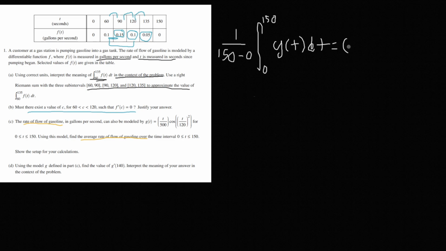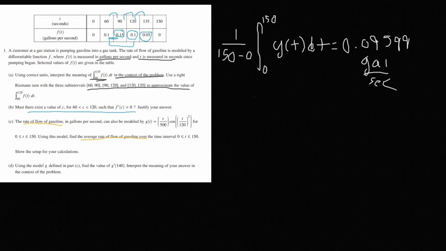And so this is going to be 0.0959, it looks like, and then gallons per second is what I got.